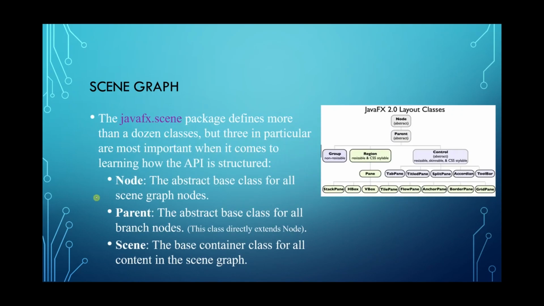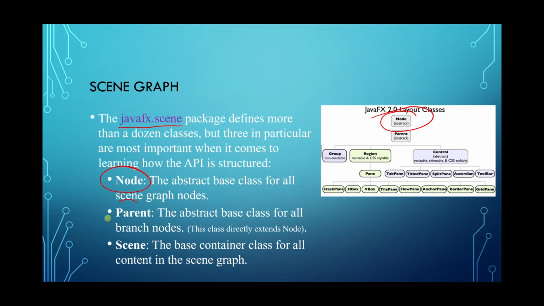So the javafx.scene, this is the package that defines more than a dozen of classes, but three in particular are most important when it comes to learning how the API is structured. The node, here is the node class. It's an abstract base class for all scene graph nodes.